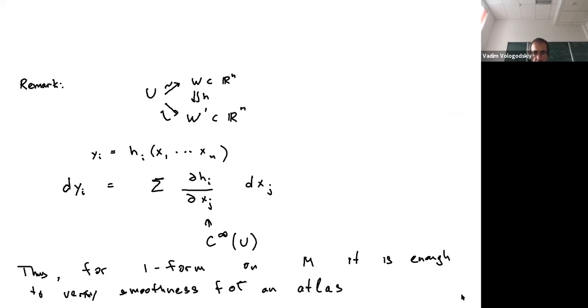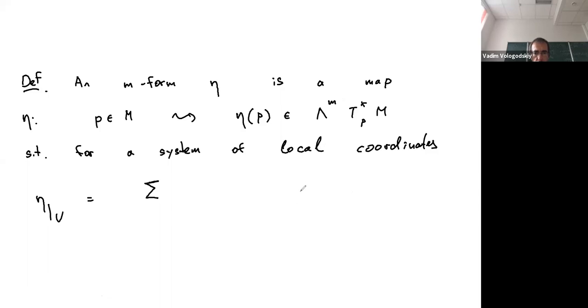The basis in the exterior power is formed by vectors dxi1 wedge ... wedge dxim, where i1, ..., im run through all ordered sequences.